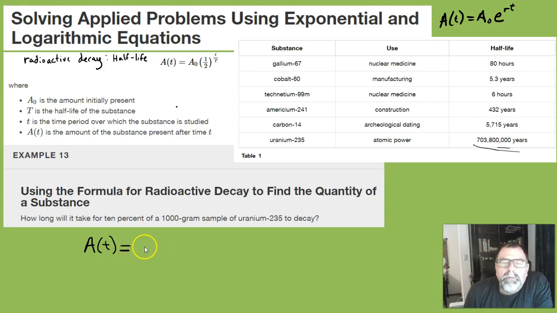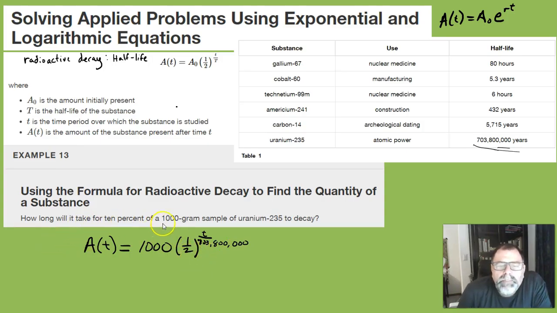A of t equals the initial amount, 1,000 grams, times 1/2 to the t over capital T. Capital T for uranium is that big old giant number, 703,800,000.